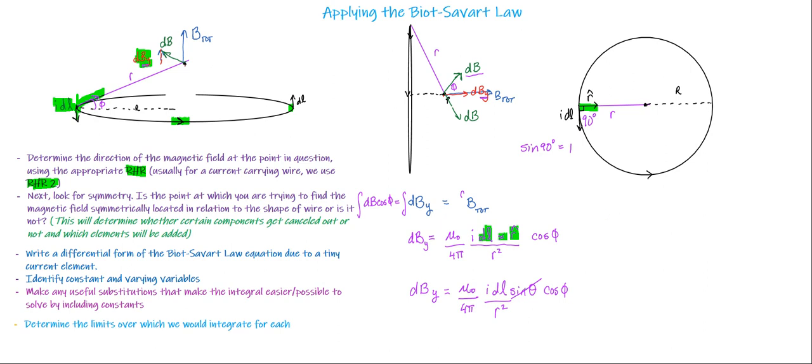So that's great because it eliminates something else that we need to be a little bit stressed about maybe, and we have to write dB_y is equal to mu naught over 4 pi times I dl over r squared times the cosine of phi. At this point, we're actually ready to integrate in the sense of we know that eventually what we'll be doing is integrating here to get our total value.